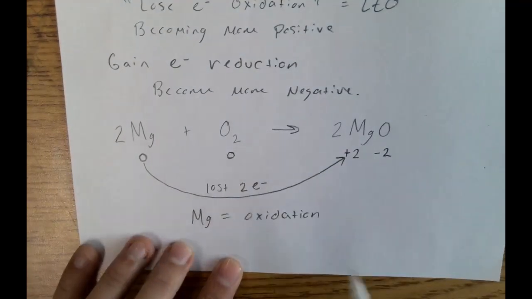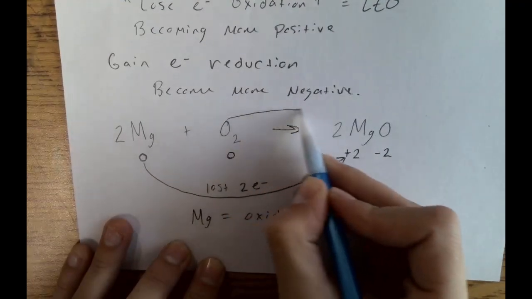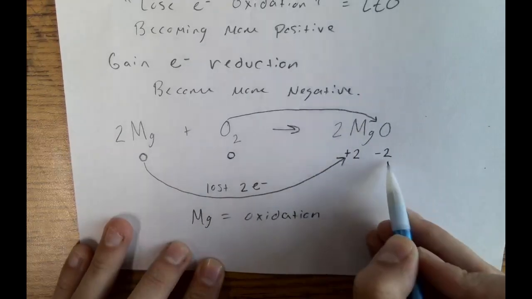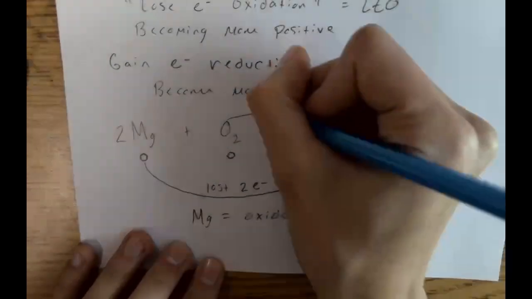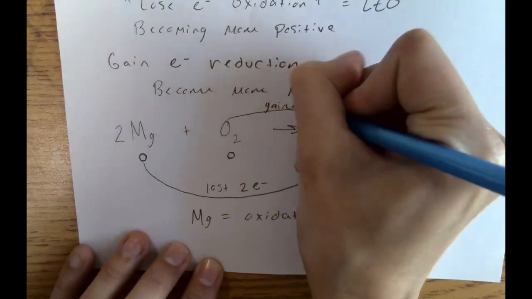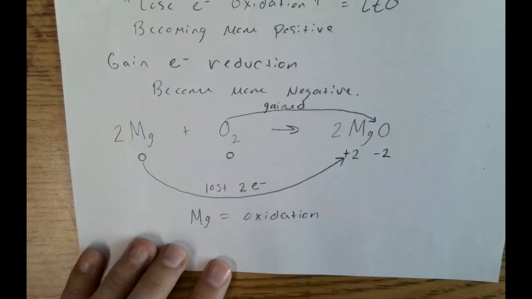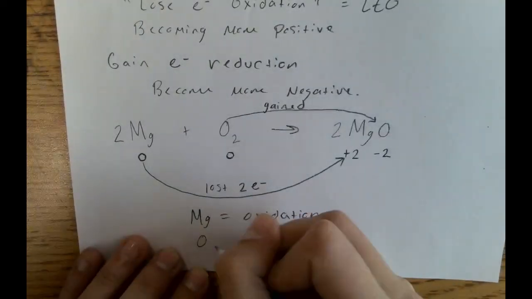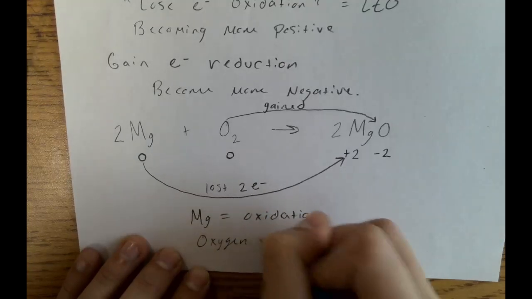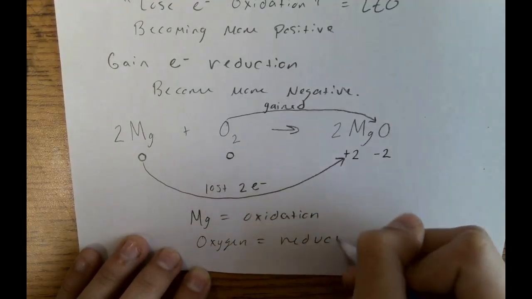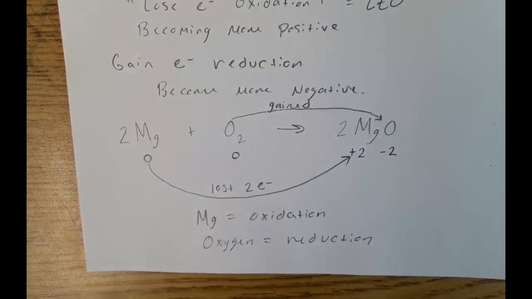On the flip side, oxygen is going from 0 to -2, so it's becoming more negative, so that means it gained. And according to GER, gaining electrons is reduction, so that means oxygen is undergoing reduction. And that is your quick crash course on redox.